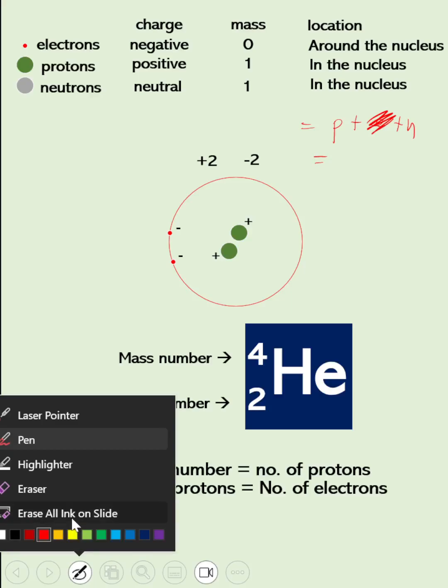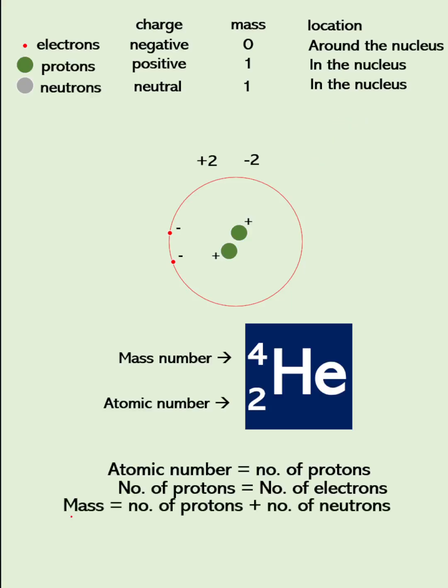So in this case, the mass only depends on the number of protons and the number of neutrons. In this case, the mass is 4, but we only have 2 protons here, so the remaining numbers are coming from the neutrons. So if we have 2 protons, then the overall mass is 4, then there are 2 that are coming from the neutrons.